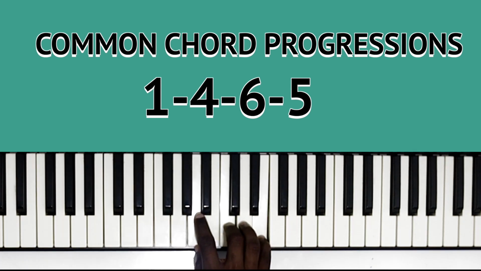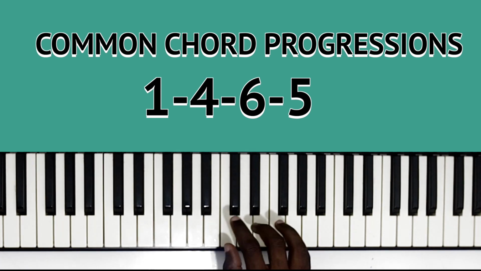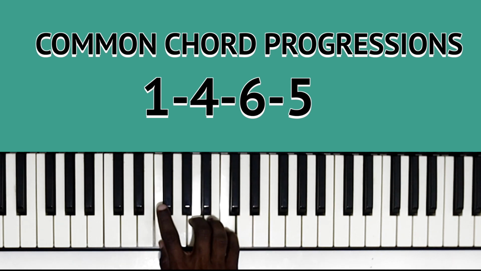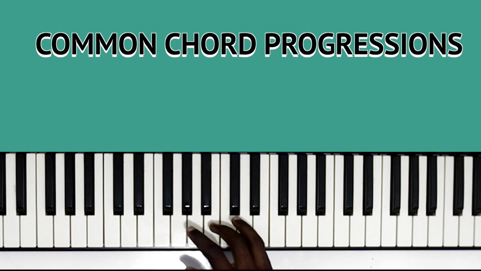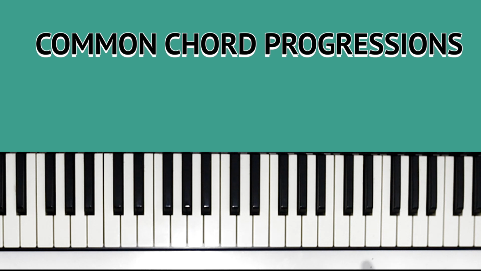Now hear the difference in these chord progressions: 1 4 6 and 5. There are many other chord progressions that are common and popular, but we're just looking at five. Once you understand the process and the stages of learning common chord progressions, you will identify a lot more in some of your favorite songs. All right?